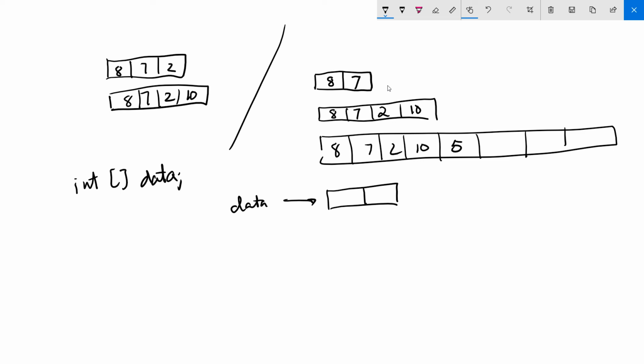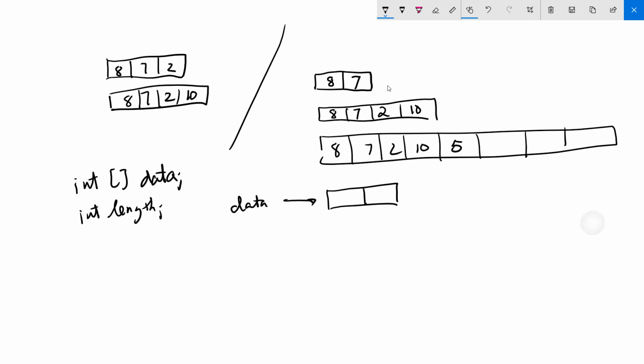Yet the array it contains is of length 2. So we can no longer use the length of the array as a stand-in for the size of the list. They're two separate things. So we're going to keep track of a second instance variable. I'm going to call it length. And that is the number of elements stored in the array that actually are really there.